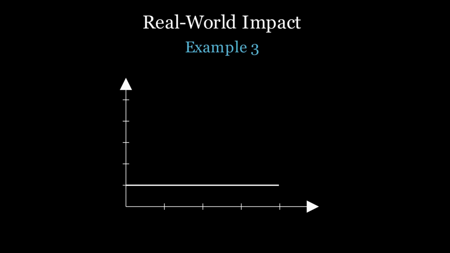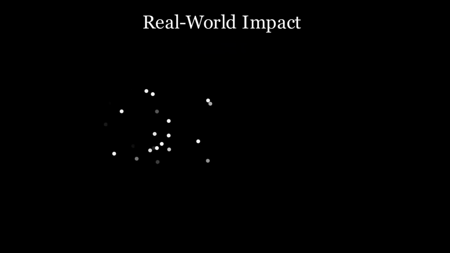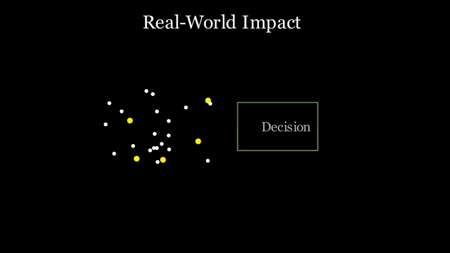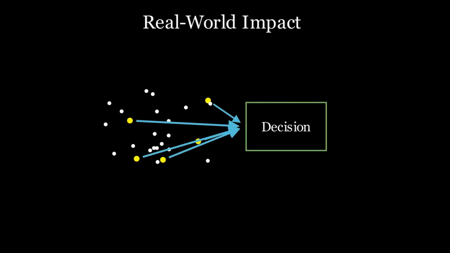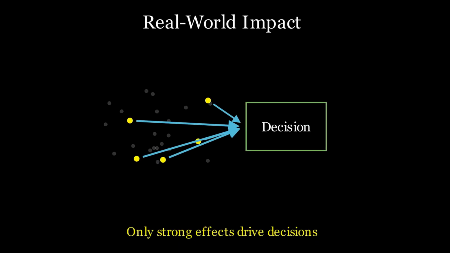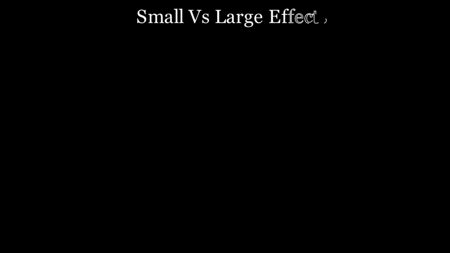Example 3. Now let's say you have an investment strategy. Returns go from 5% to 5.1%. Sounds good. But after fees, inflation, taxes, that improvement disappears. Here's the line I want you to remember: data does not create value, decisions do, and decisions depend on effect size. Now, here's where most people go wrong.